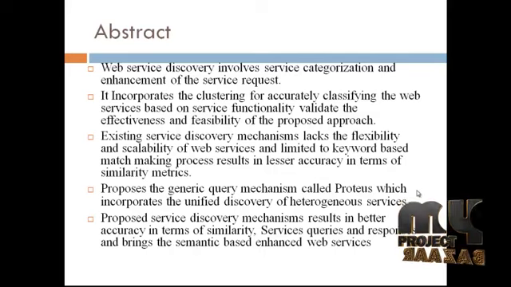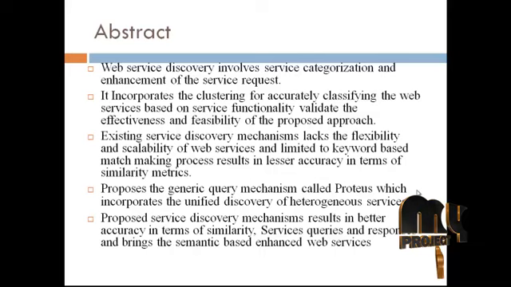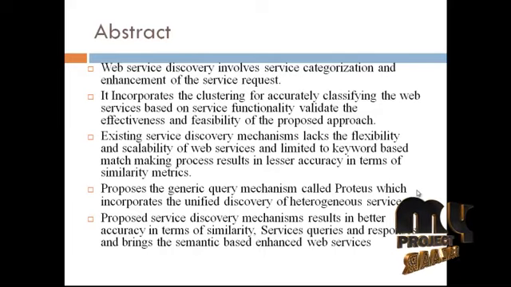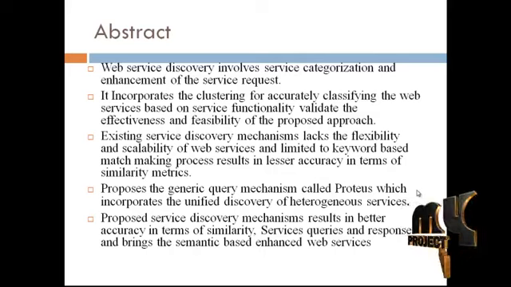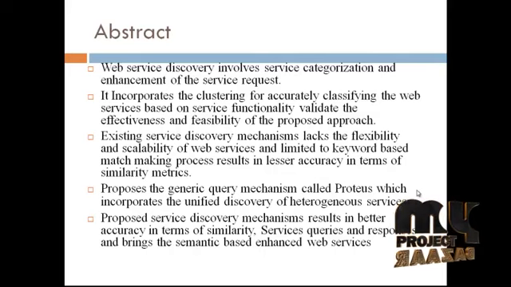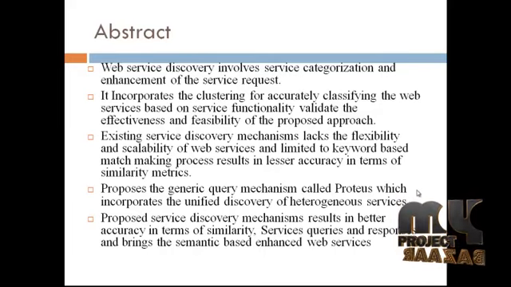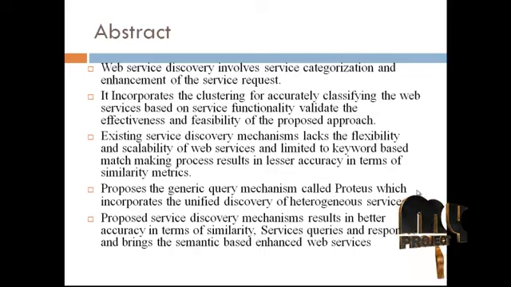The existing mechanism is limited to the keyword-based matchmaking process and also achieves lesser accuracy. Our proposed framework constitutes the Proteus or generic query mechanisms, which include the unified discovering of all kinds of numeric, string, semantic and any kind of submatching properties.